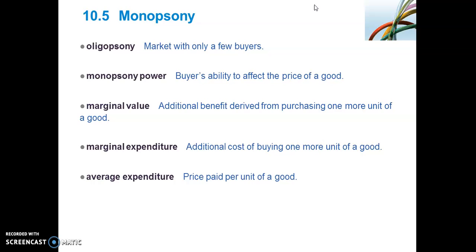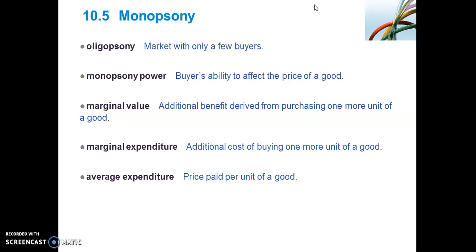Now, the relationship between marginal value of a good and the quantity bought: the marginal value you get from each unit bought falls as the total amount of the good increases. Think about it like utility. The more of the good you consume, the more the marginal utility begins to fall. So marginal value is also the schedule of the demand curve, and it relates to this idea that the more you get from each unit bought, the marginal value would fall.